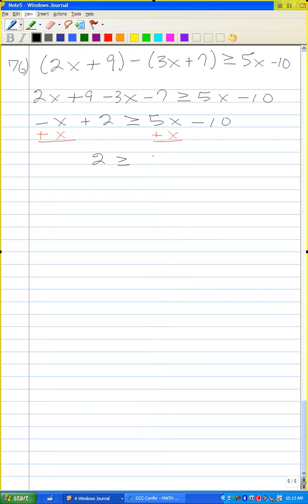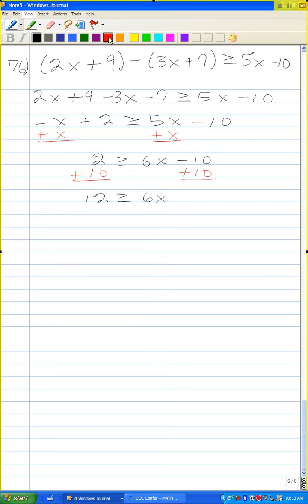And so I have 2x is greater than or equal to 5x plus x is 6x minus 10. Let me add 10 to both sides of my inequality. And so by the additive property of inequality, I have that 12 is greater than or equal to 6x.